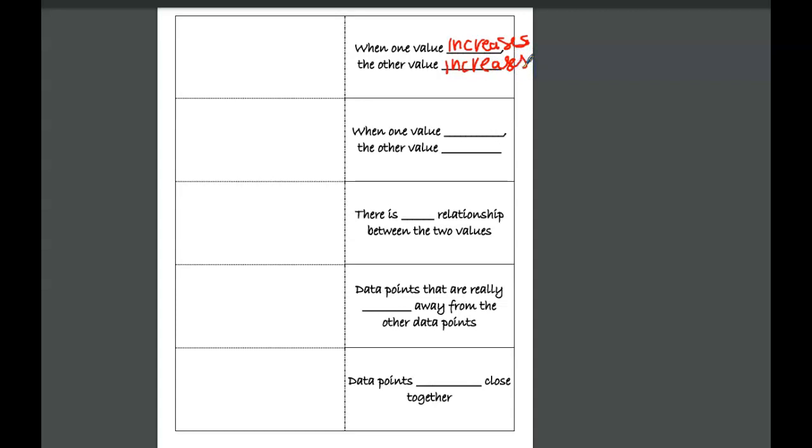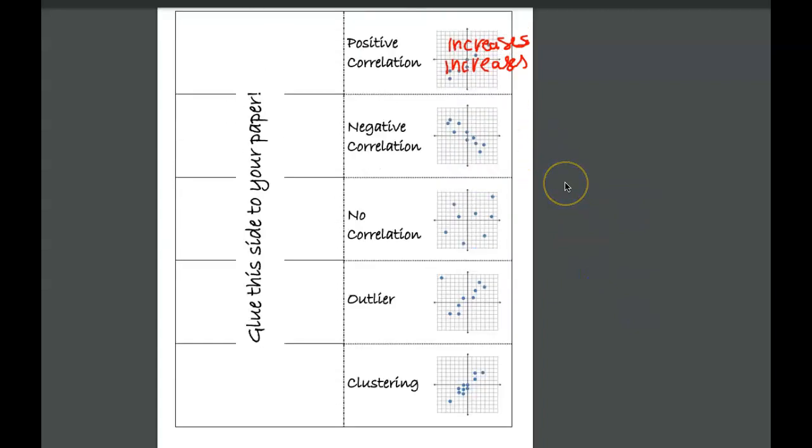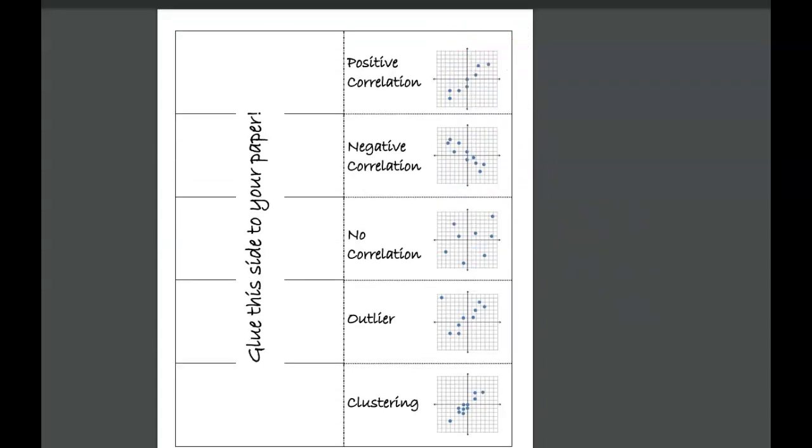Then you can close that tab, and if you look on the front, you should have a picture like this, and you can see when one increases, the other increases. So all of these dots are relatively going up. That shows a positive correlation because both my X's are getting bigger and my Y's are getting bigger. Okay?